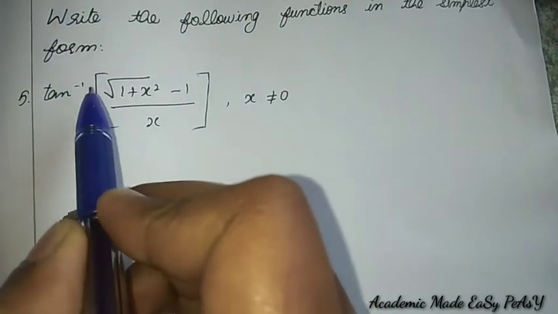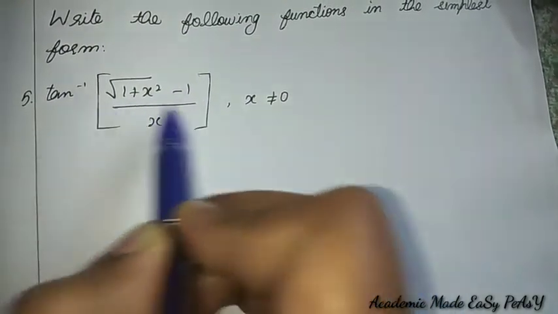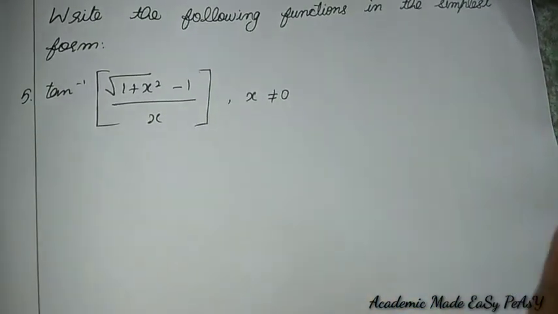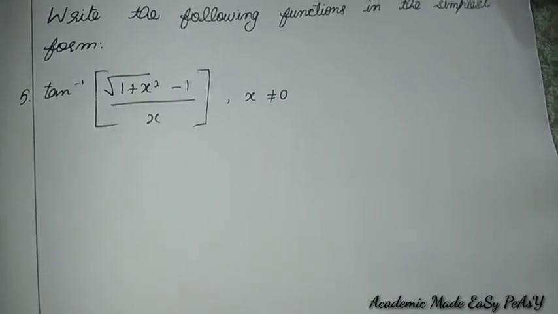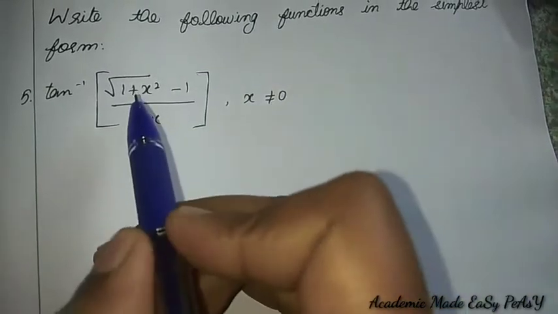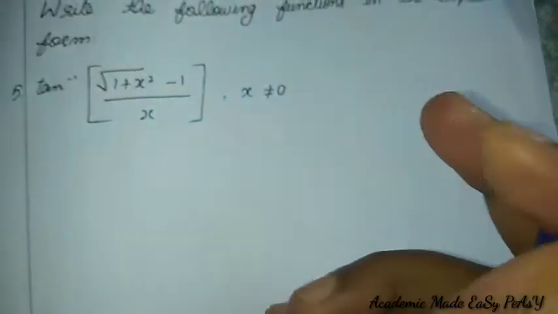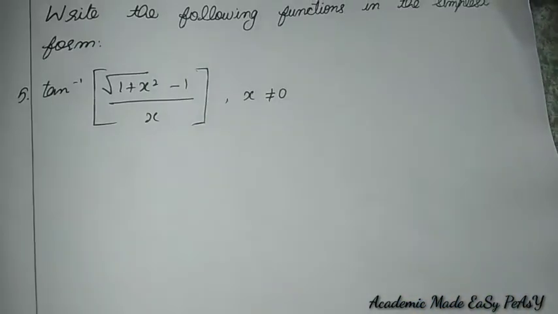Question 5. Tan inverse of (root of 1 plus x square minus 1) by x. So no clue will be given in the question. We have to think and we have to apply all the properties to get the function in the simplest form. So now we have to check in the numerator first, or wherever we have the biggest sum, like here it is root of 1 plus x square minus 1, no?